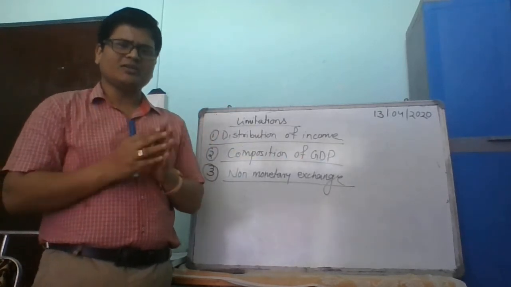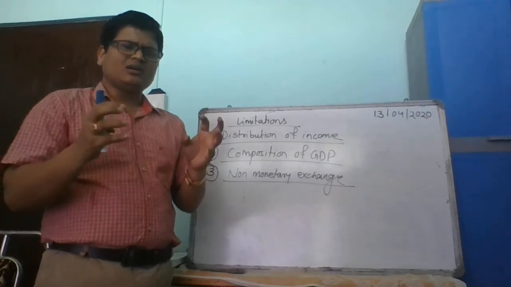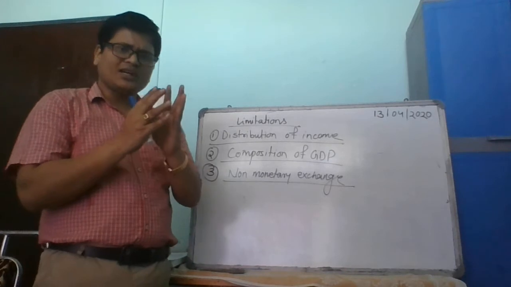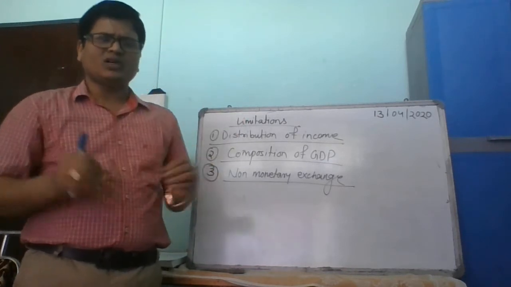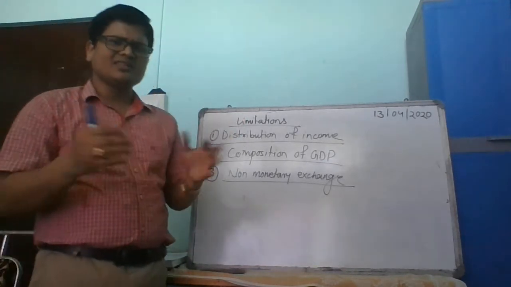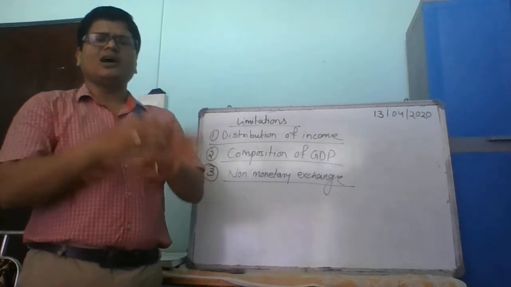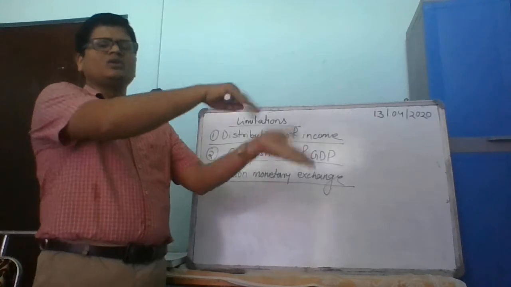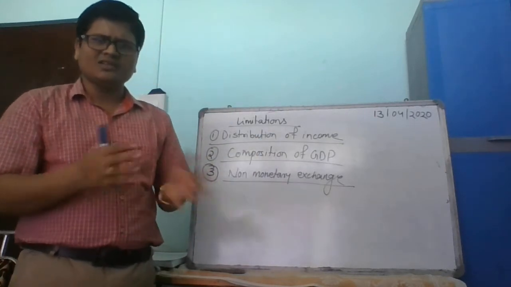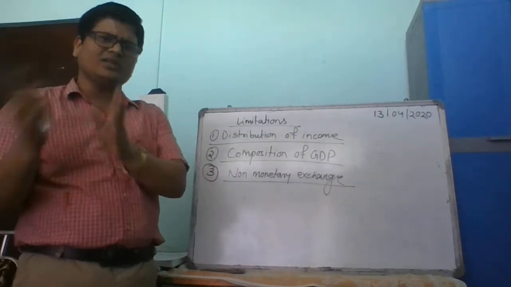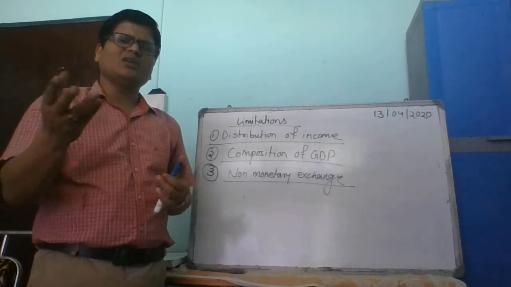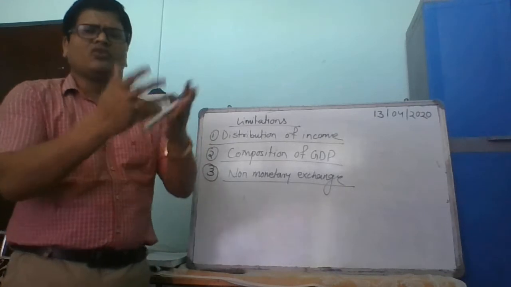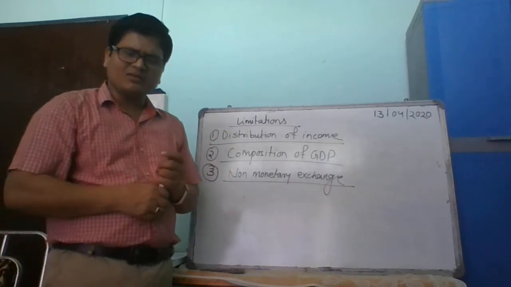Suppose there are two laborers and both are working in their agricultural fields. One helps the other in harvesting time, and the same one also helps in the next one's harvesting time. Some laborers work in the agricultural field, and the owner of the farm gives food grains in return for their labor.